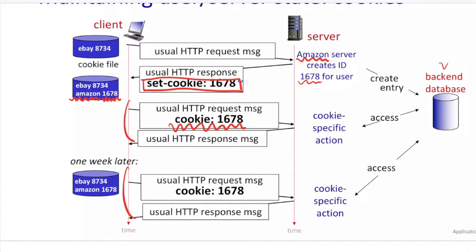After that, every time the server responds to a client using this token, the server can customize the web pages returned to the client. So no matter whether it is 1 week later or 1 month later, as long as the cookie is not expired, the server can always respond with a customized web page depending on the token that the client uses.